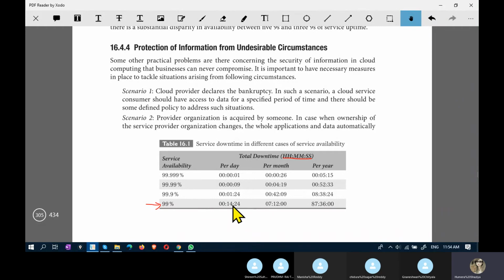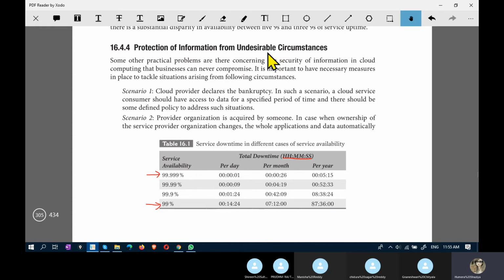Sometimes even some enterprises cannot afford this much downtime. They have to have the system running for 24 hours without any interruption or breakdown. All right, this is about availability. So the most desirable is 5 nines, 99.999% availability.